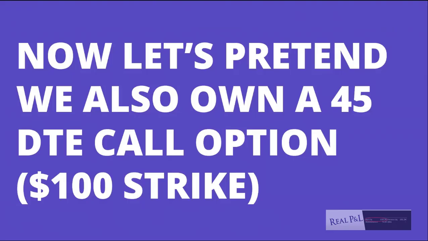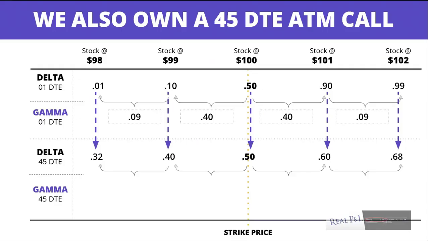Now let's pretend we also own a 45 days till expiration call option, the 100 strike. So you can see here what the deltas are, and you compare them from 1 DTE compared to 45 DTE. And you can see still right at the money, they're probably going to be close to 50, but they're not moving dramatically.